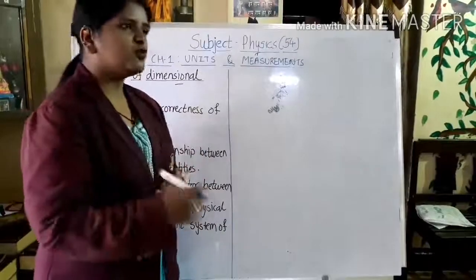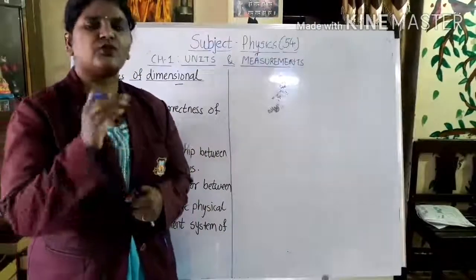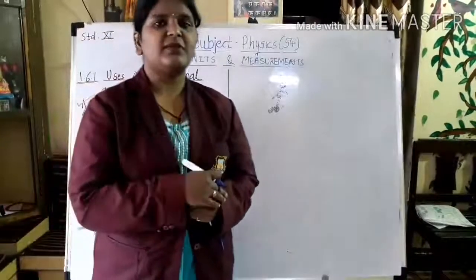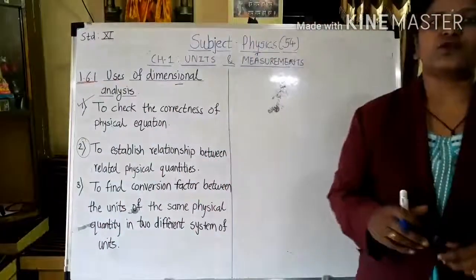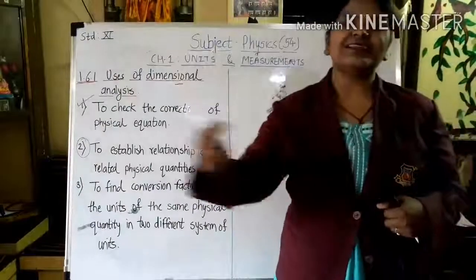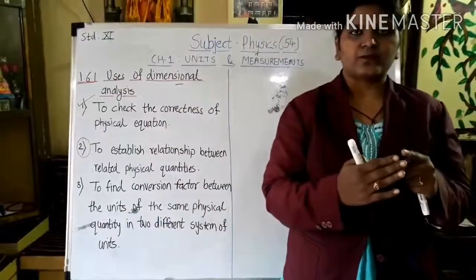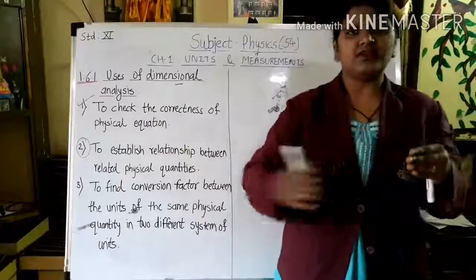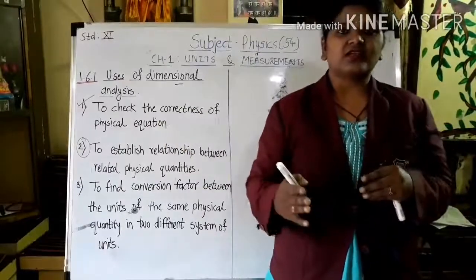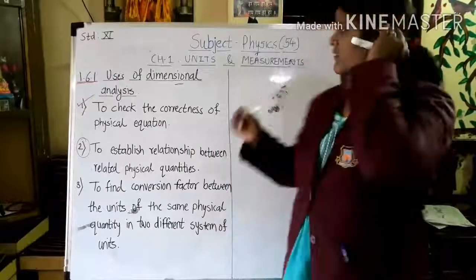Before going towards the exact equation, I just want to let you know what exactly is the meaning of pendulum. You must have seen a wall clock which is having a pendulum, which oscillates to and fro. When it's moving from one side to another side continuously, that is nothing but a pendulum.